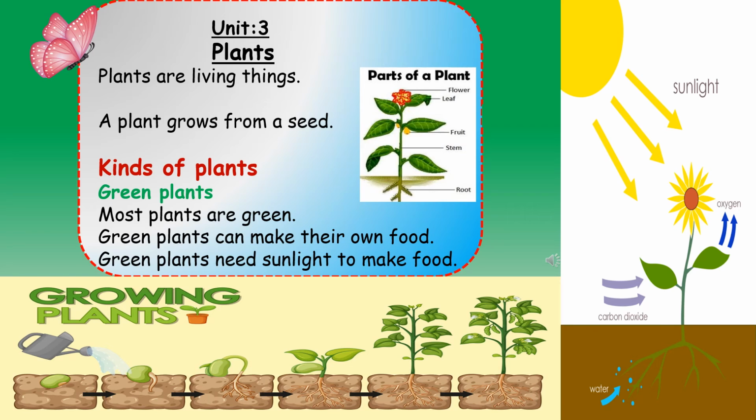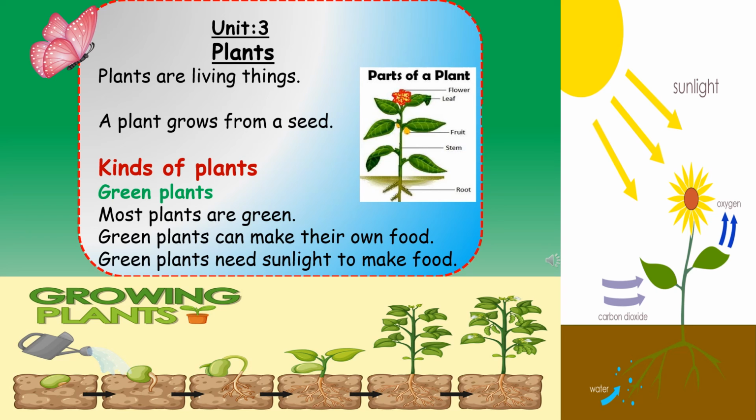And what do plants do? Plants exhale oxygen and inhale carbon dioxide to make their food. So you understand how useful plants are for us, that they give us oxygen gas that is needed for all of us to breathe in.